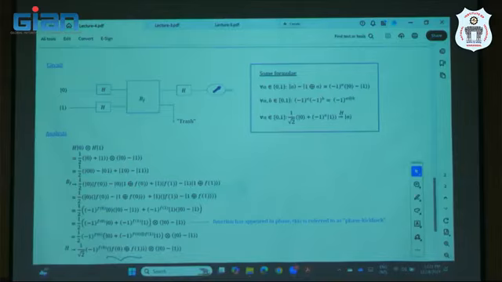What is the right hand value? If both a and b are 1, what is the left hand value? What is the right hand value? If a is 0, b is 1, what is the left hand value? Right hand value? If a is 1, b is 0. Okay. So this formula is also correct.